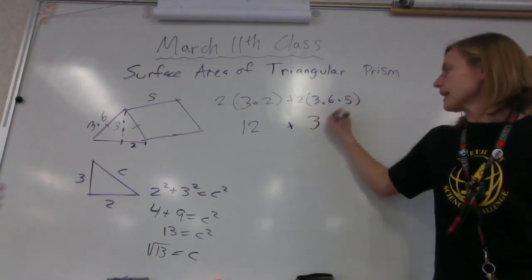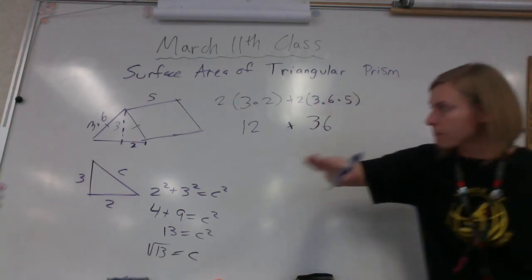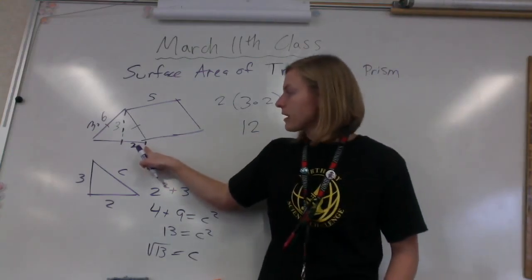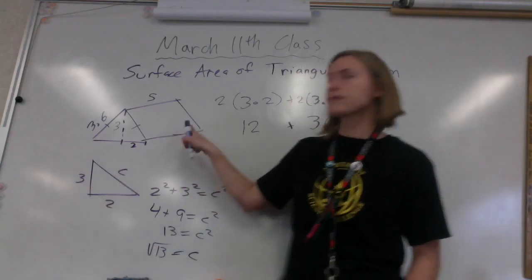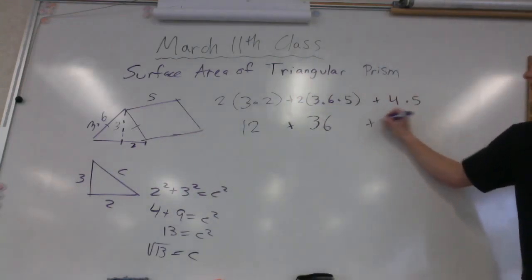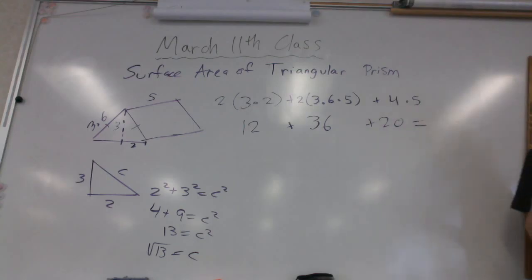Okay. And then we have one last side to find. It's that bottom side. So that's going to be 4 times 5, which is 20. So now we have all the sides, and we just add them up. So 12 plus 36 plus 20. It is a number. You are correct. 68.